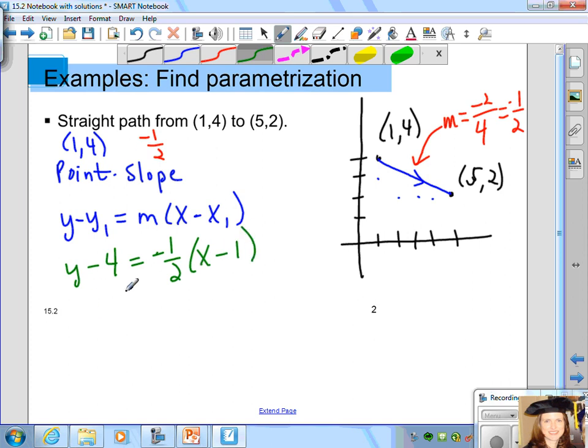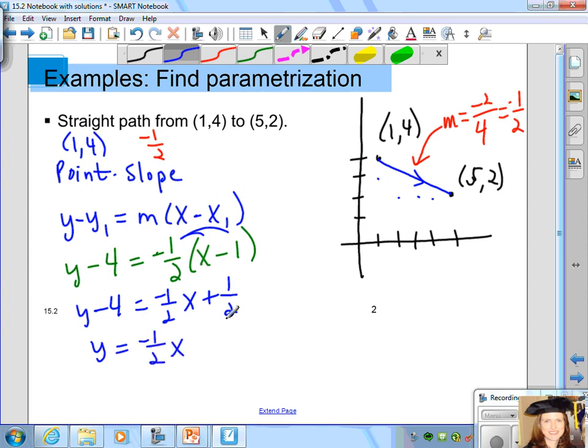If we solve this for y by distributing, we get y minus 4 equals negative 1/2 x plus 1/2. And then by adding 4 to both sides, we get y equals negative 1/2 x, and then negative 1/2 plus 4 would be 4.5, or if we write that as a fraction, 9/2. So this is actually the equation of the line that goes through those 2 points.